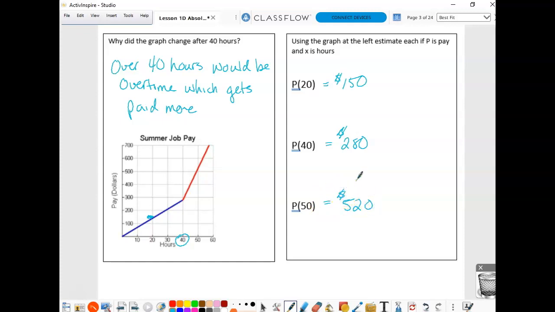Now, when you're reading a graph, and I'm just going to use this as an example, say I have a line that comes up to here, and it has an open circle right there, and then it has a closed circle up here and a line there. What I'm going to do is read this until I hit the solid mark.